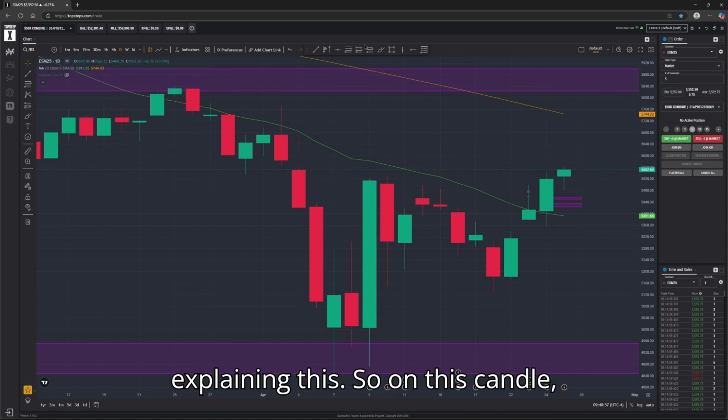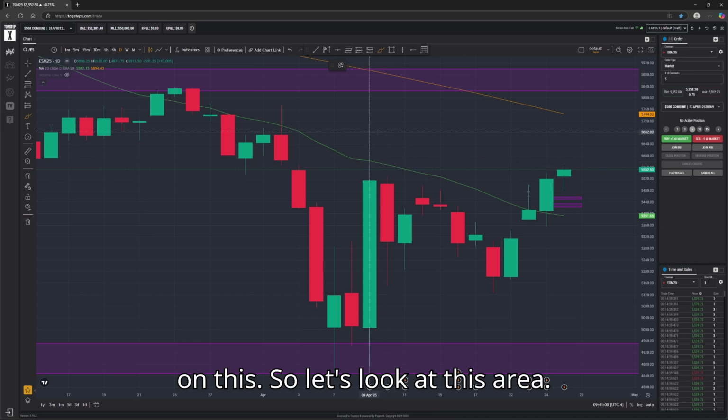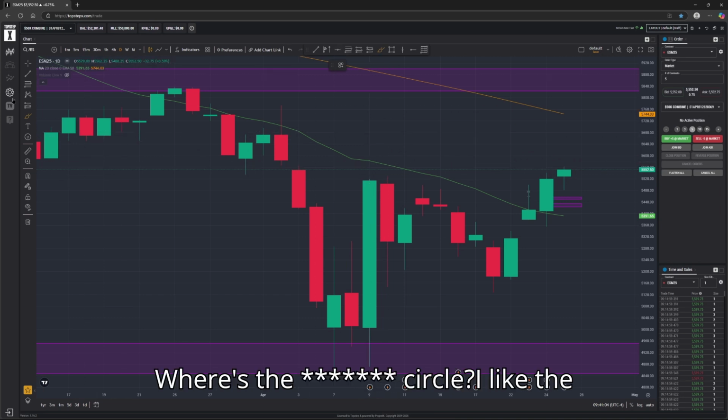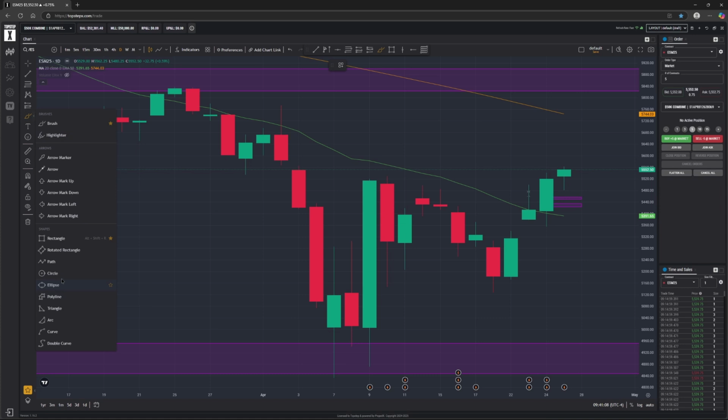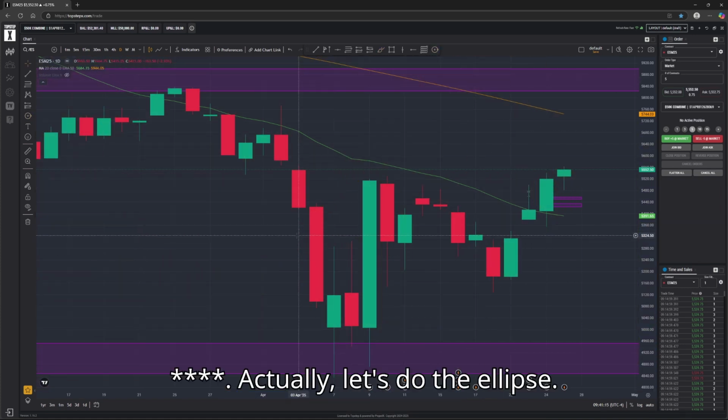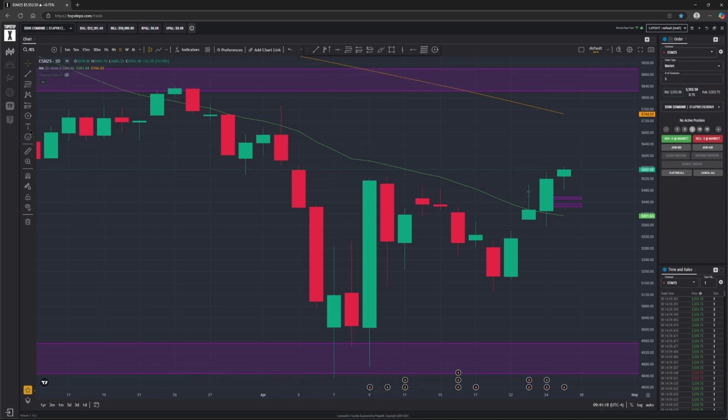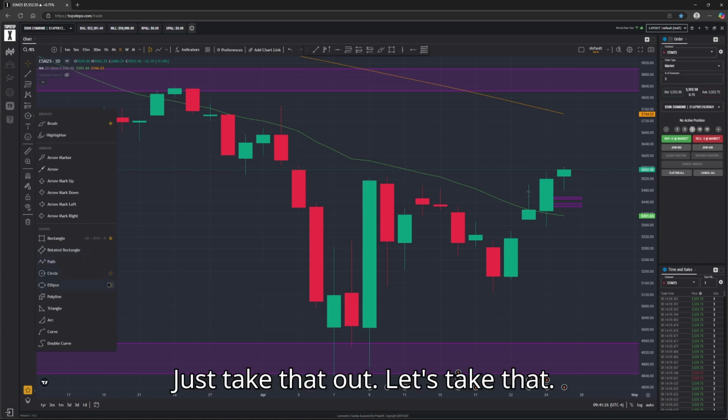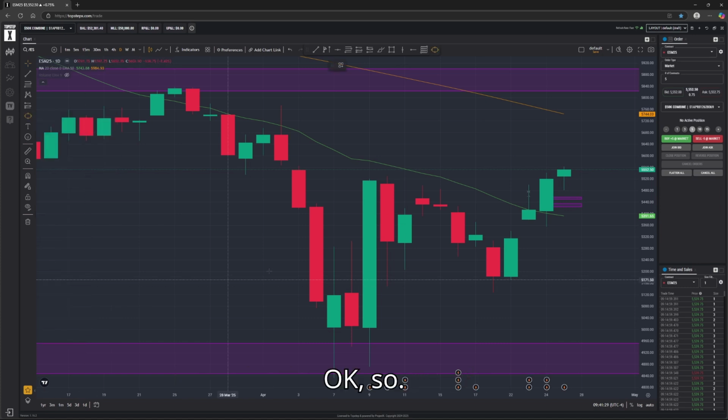So on this candle, let's look at this area. Where's the circle? I like the circle. Actually, let's do the ellipse. Okay.